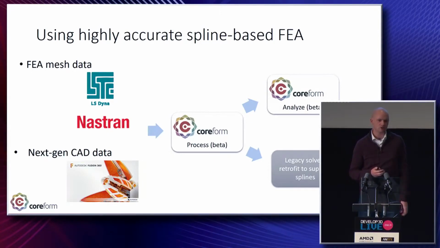We can pull that into our new preprocessor called Coreform Process, where we convert this to analysis-suitable spline data that can be used either in Coreform Analyze, which is the industry's first native spline-based simulation technology, or we can also send this to legacy software, which is starting to be retrofit to support splines. So LS-DYNA is one instance of a legacy solver. They're one of the leading crash solvers used that has also seen the value of high accuracy splines in simulation.